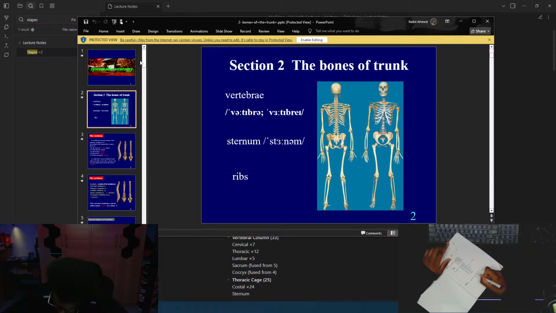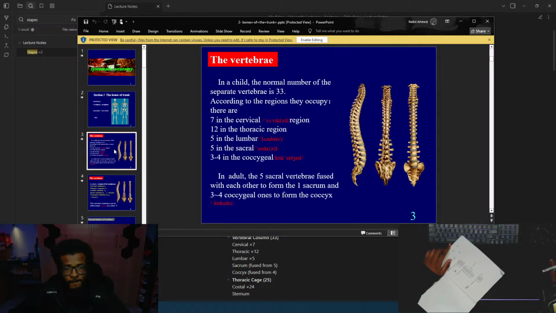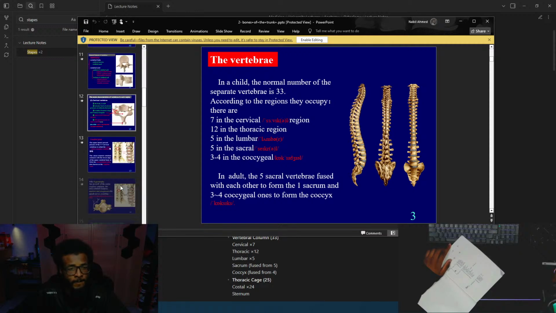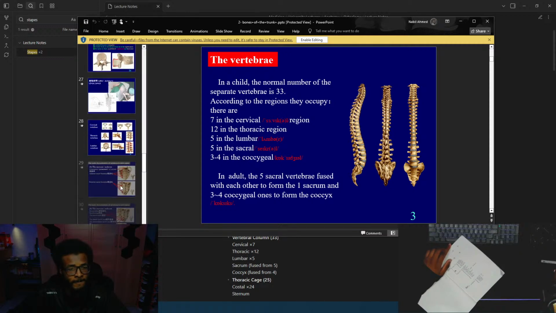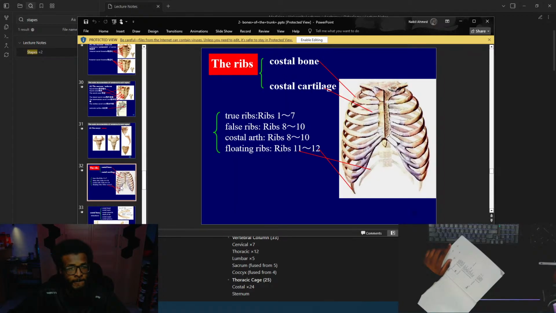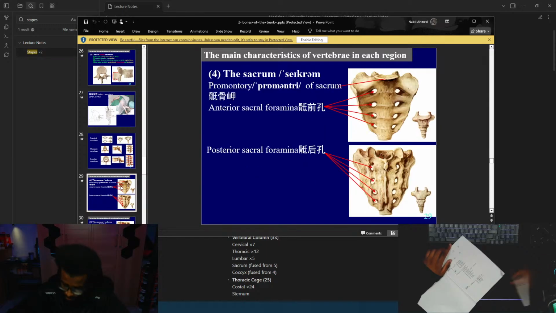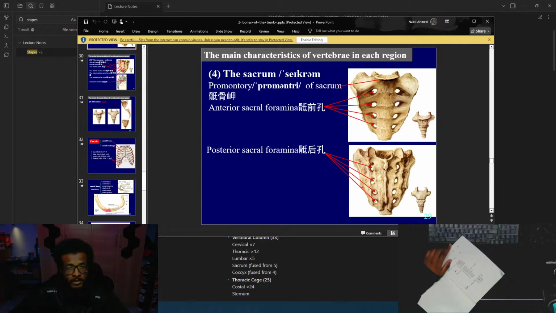Got the coccyx. I'll say all of them are important, so just mark the vertebrae with asterisks.